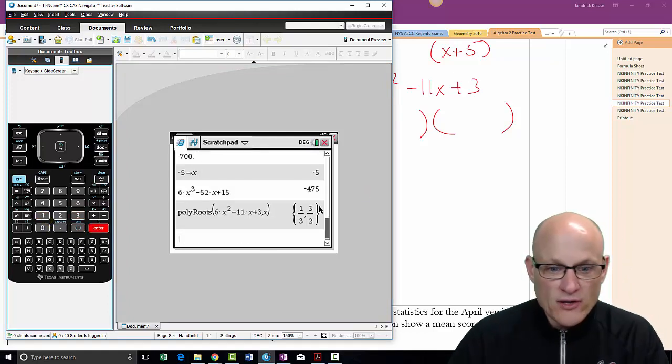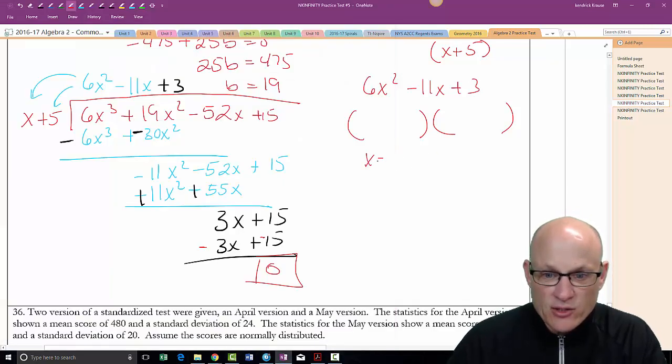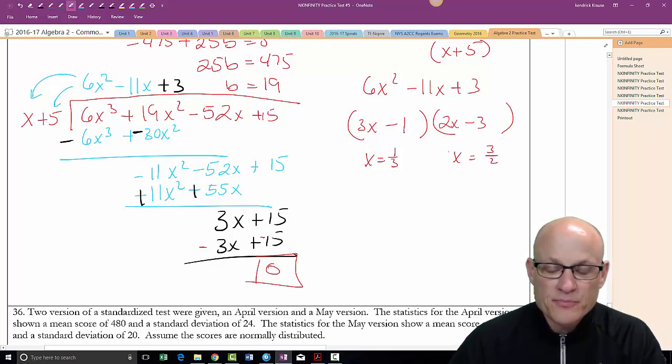So my answers are 1/3 and 3/2. So x equals 1/3 and x equals 3/2. If I bring this 3 out front, this makes 3x minus 1. If I bring this 2 out front, that gives me 2x minus 3. So these are my other factors.